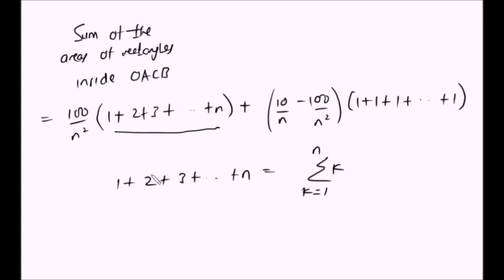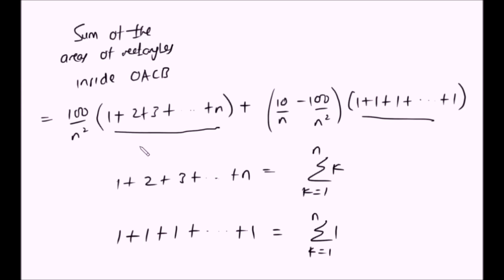K ikiwa 1, 1. K ikiwa 2, 2. Hii sigma maana unajumlisha. K ikiwa 3, 3. Mwisho ni n. Na hii 1 plus 1 plus 1. Hii unaweza kuiandika hivi. Okay? Kwa hiyo k ikiwa 1, 1. K ikiwa 2, 1. K ikiwa everywhere ni 1, okay?